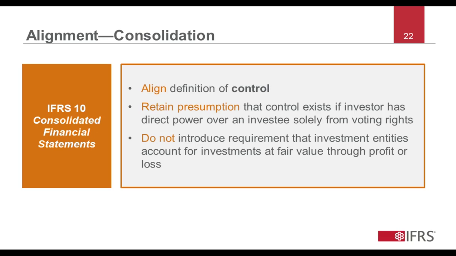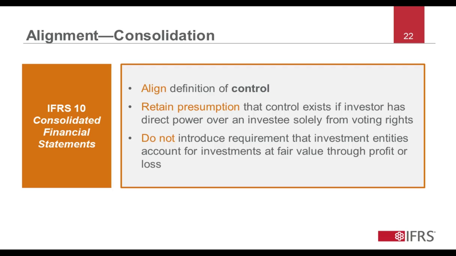Okay, so moving on to consolidation. The board has issued IFRS 10, and in issuing IFRS 10, the board's aim was to develop a single principle of control that could be applied to a wide range of entities. So prior to IFRS 10, the board had guidance on consolidation of entities that are controlled by voting power, and then consolidation requirements for special purpose entities.